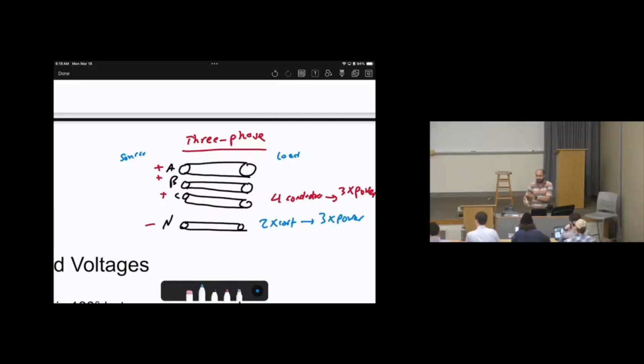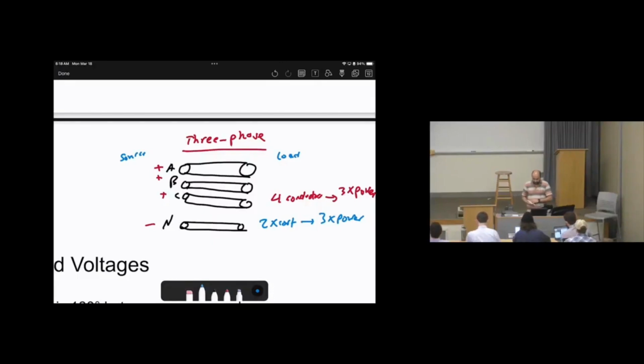Just increase another half cost, and you can triple the amount of power, which is great, right? That's the three-phase. So we realize the biphase is cheaper than single phase, but three-phase is even cheaper than that.